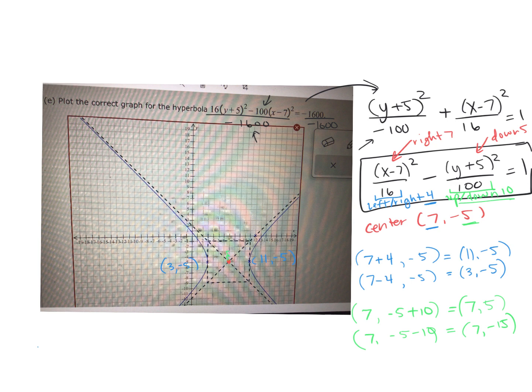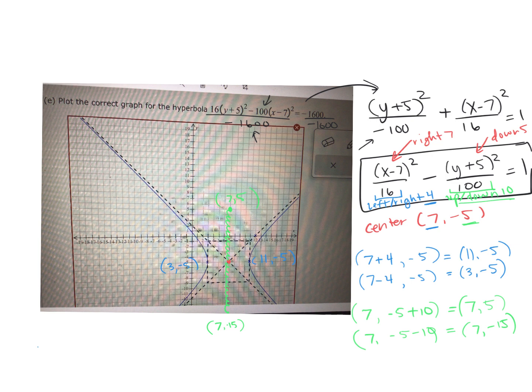So up 1, 2, 3, 4, 5, 6, 7, 8, 9, 10. And then down 1, 2, 3, 4, 5, 6, 7, 8, 9, and we're off the page, 10. So this will be at (7, negative 15), and this upper one should be at (7, 5).